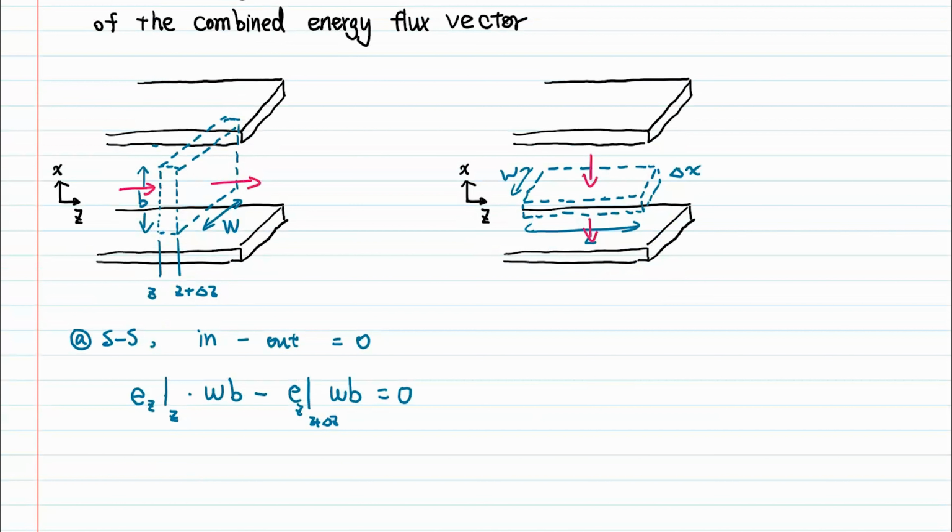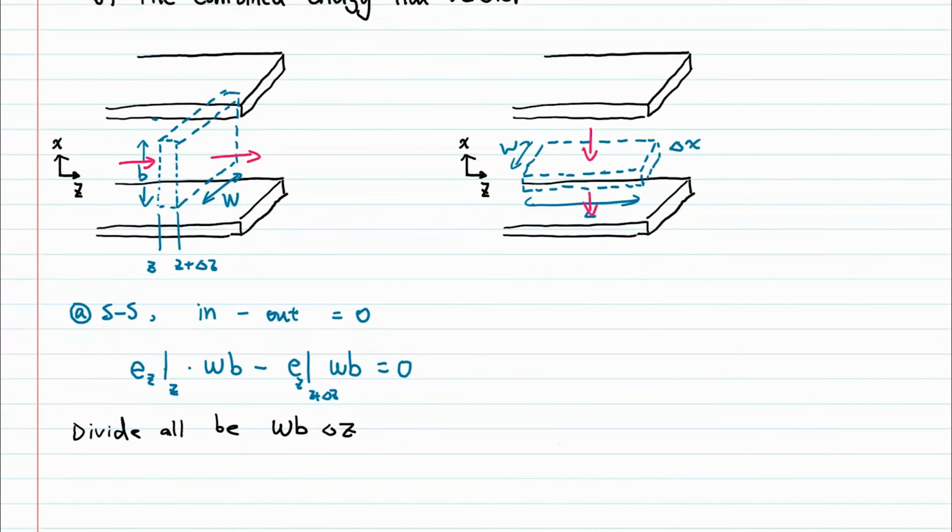So if you divide all by W, B, and delta z, then what you get is the following.